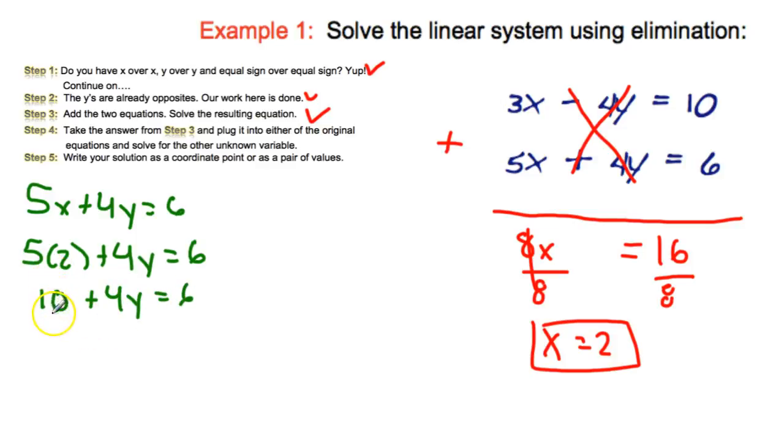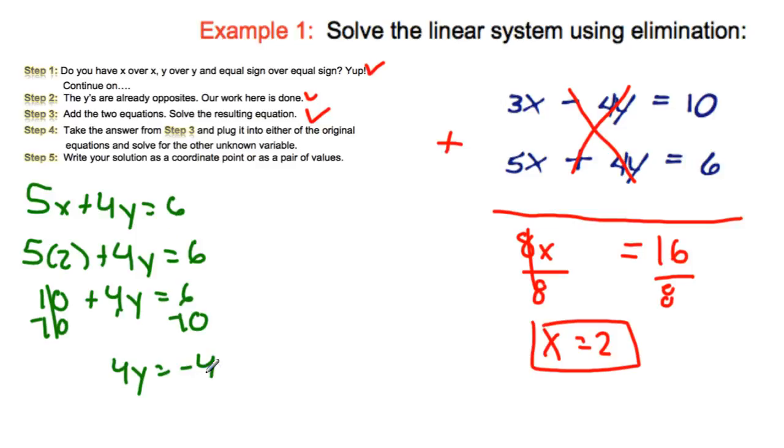All right. What do I do next? I'm going to subtract 10, subtract 10. That cancels. So I'm left with, on this side, 4y, and on this side, 6 minus 10, that is negative 4.